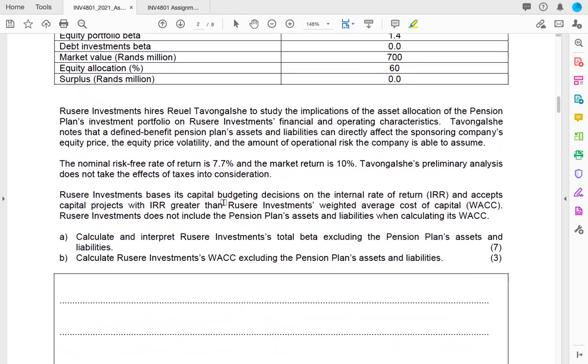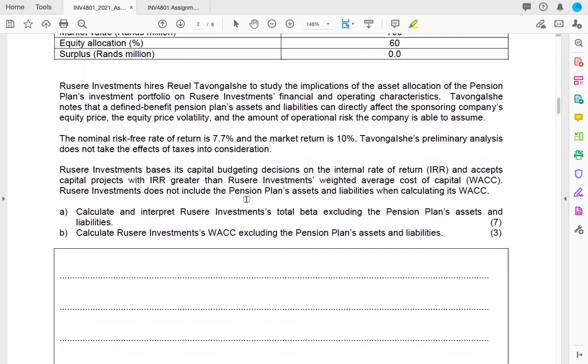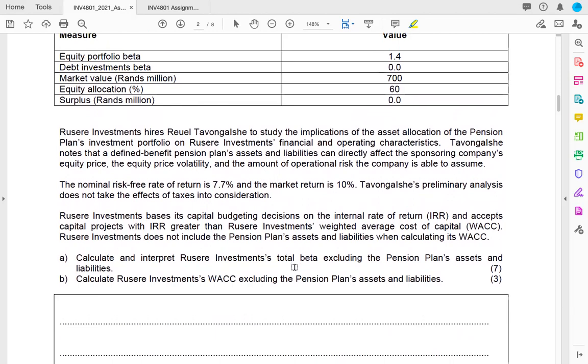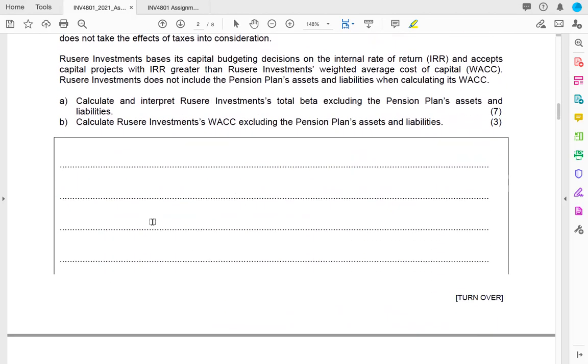Rusere Investments bases its capital budgeting decisions on the internal rate of return and accepts capital projects with IRR greater than Rusere Investments' weighted average cost of capital. Rusere Investments does not include the pension plan's assets and liabilities when calculating its WACC. And then part A, we're told to calculate and interpret Rusere Investments' total beta, excluding the pension plan's assets and liabilities.